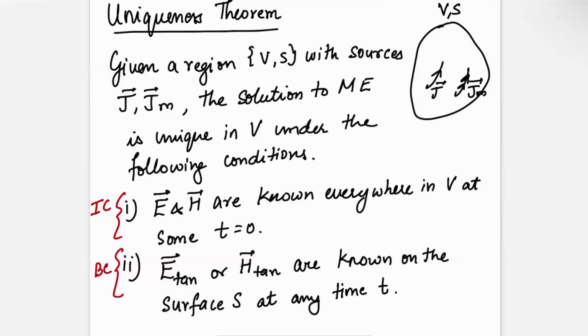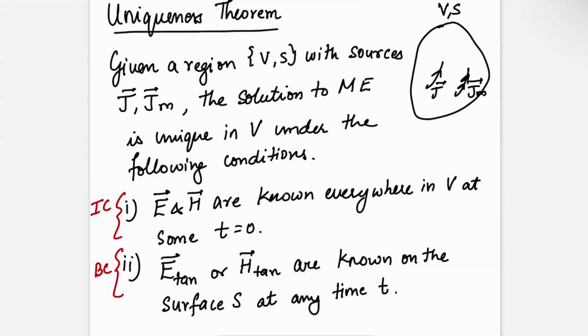And at all times, you know what the tangential component of E or H is. So you may know on this region what E tangential is, and on this other region, you may know what H tangential is. You don't need to know both everywhere. Okay, so as long as you know the tangential fields, you can say that you can determine what the interior fields are everywhere, of course, under the initial condition assumption. Okay, so by known, I'm saying that these are in fact unique.